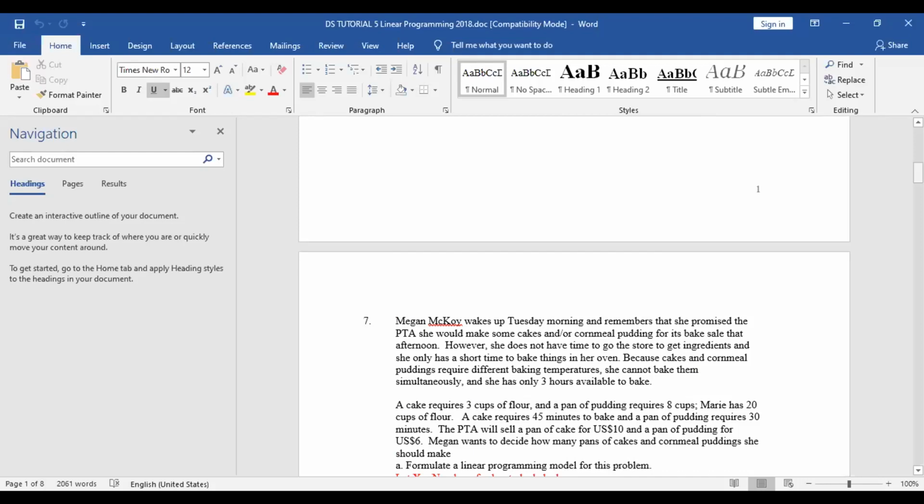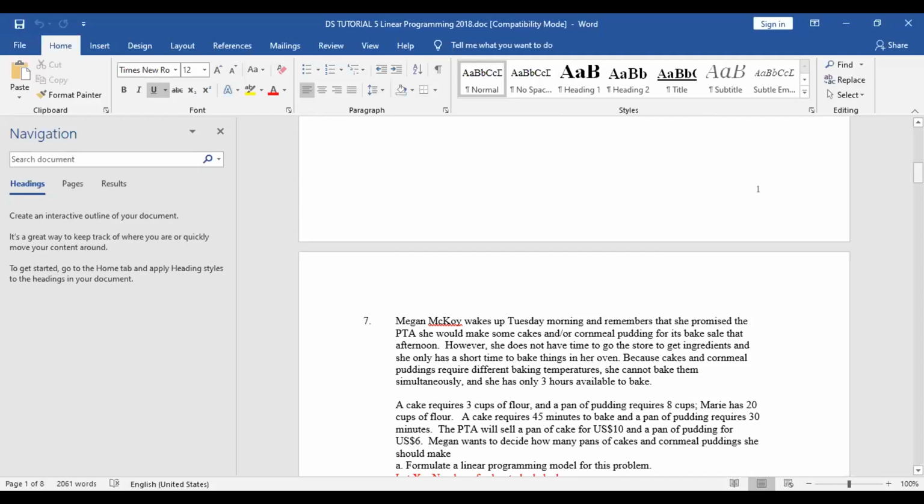It says because cakes and cornmeal puddings require different baking temperatures, she cannot bake them simultaneously, and she only has 3 hours available to bake. So the time she's going to spend on the cake and the time she's going to spend baking the cornmeal, she will only have 3 hours to do all of that.